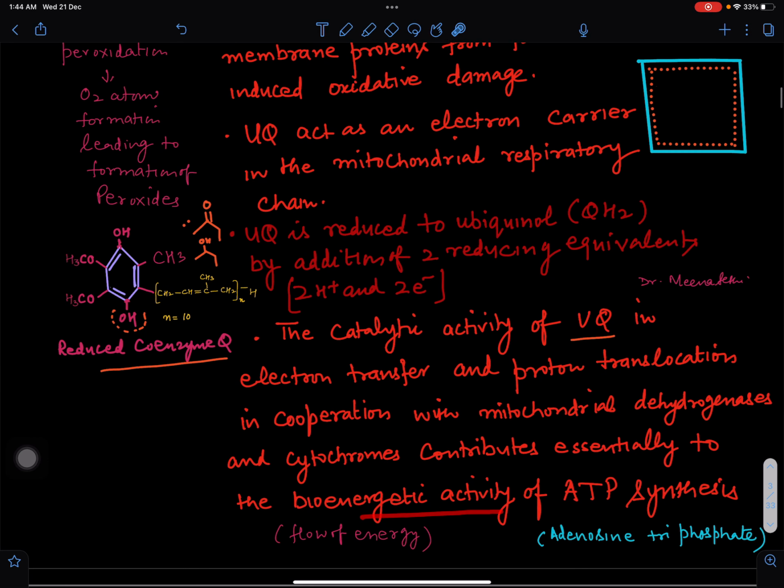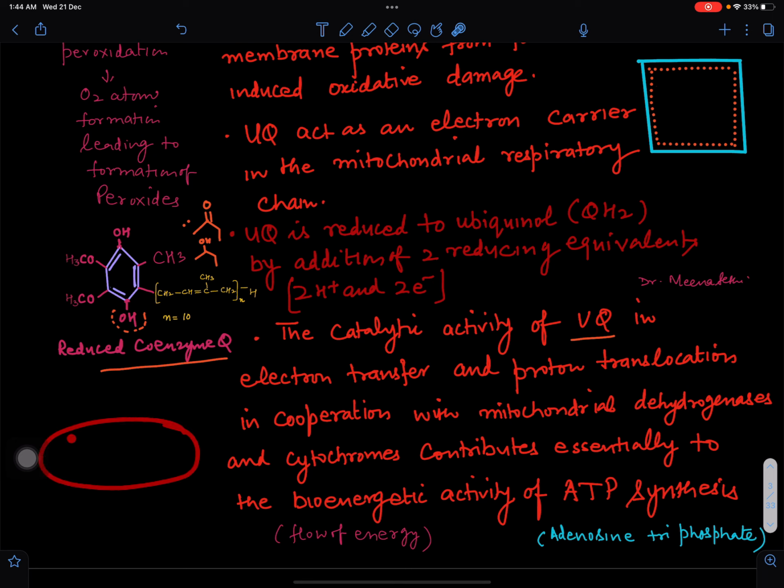So I can explain it properly. Ubiquinone helps in electron transfer by oxidation and reduction phenomena, as well as in proton translocation in the mitochondria. This is the mitochondria. This is its inner membrane, which is produced into cristae or folds, and in this inner membrane are present ubiquinone as well as electron transporters, cytochromes.